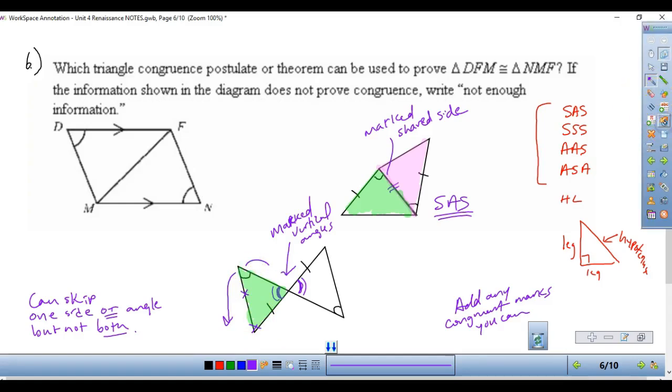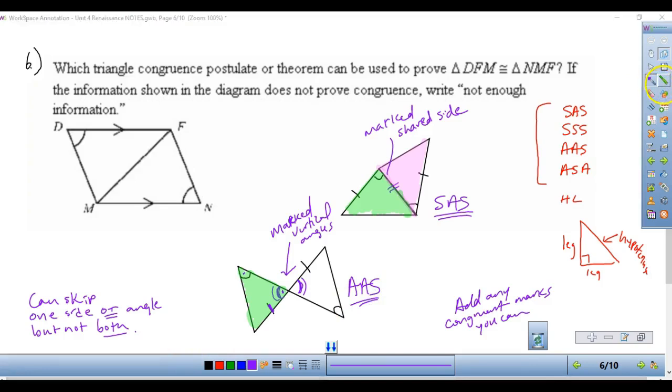So it's all about reading the direction that doesn't skip more than one angle or side. You can't skip an angle and a side. So if I read this way, I would have angle, and then another angle, and then a side. So this one would be angle, angle, side.